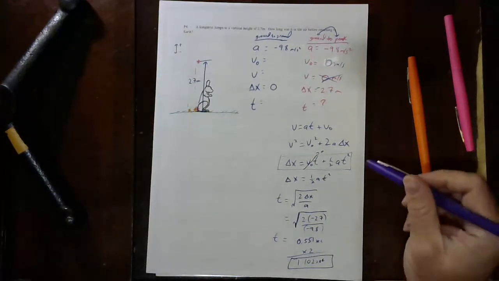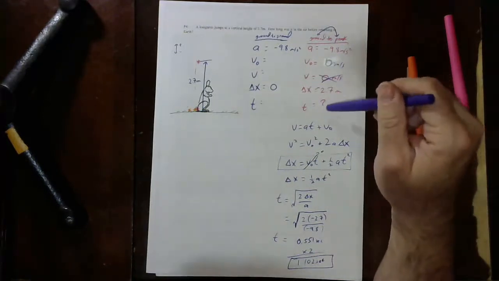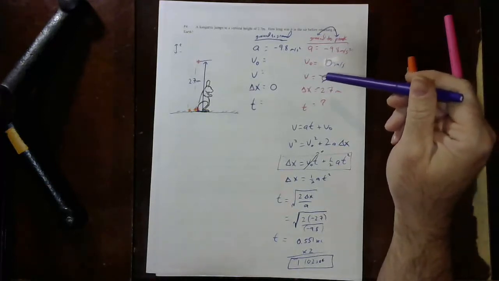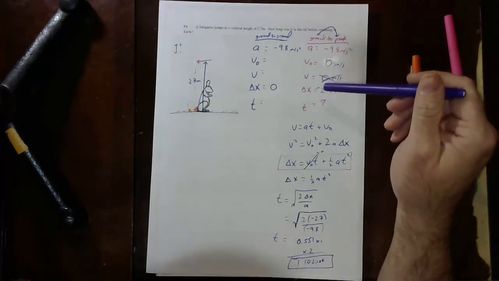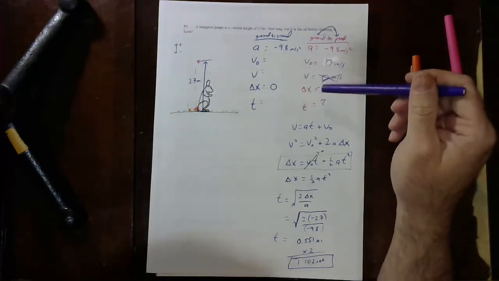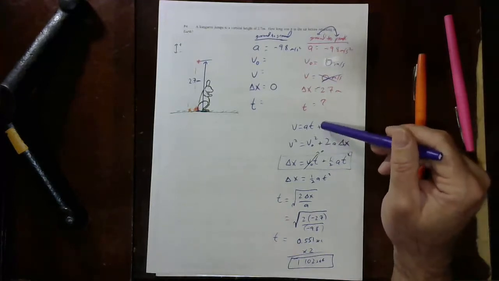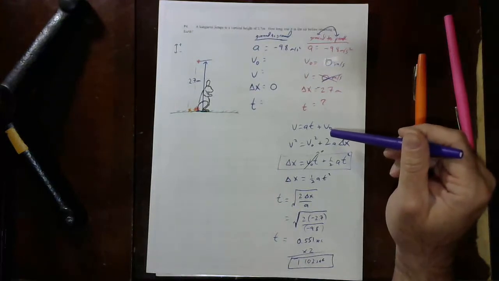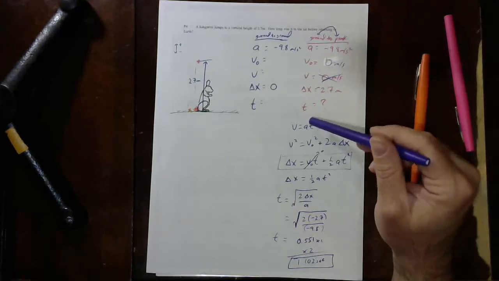Are there other ways of solving it? Yeah, we could. The hiccup we had here was that we didn't have a formula that had A, V, delta X, and T, and didn't have V naught. We could have derived a formula that had those 4 variables if we wanted to. We could have taken these 2 formulas, perhaps, and isolated V naught in one of them, and then substituted in the other one where it says V naught.